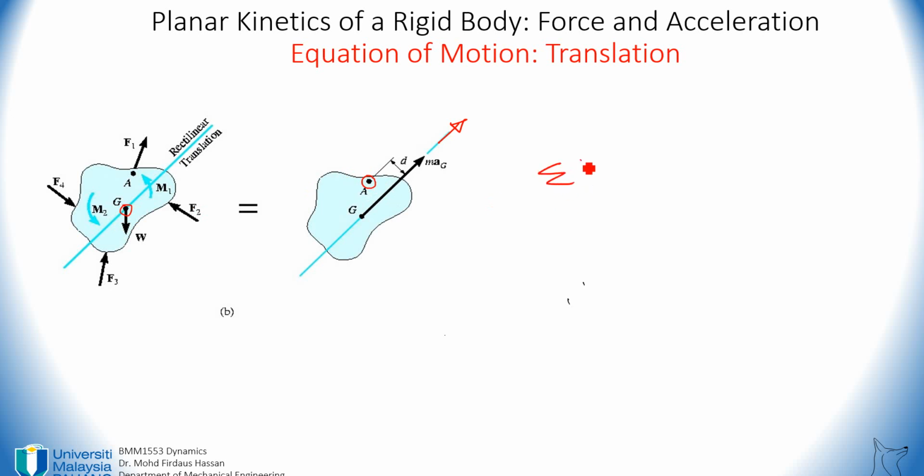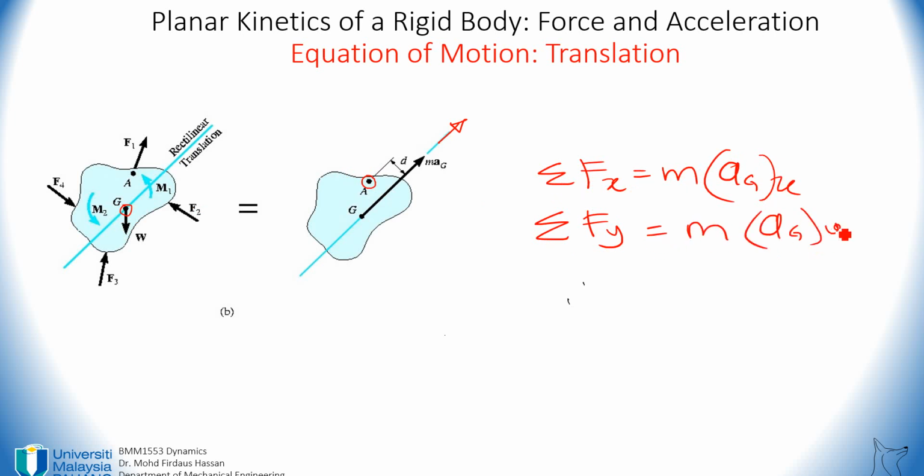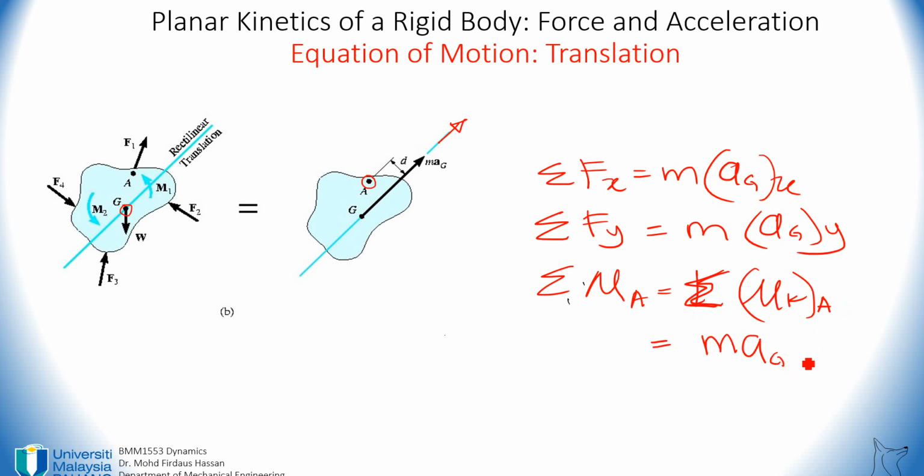You remain using the equations: summation of Fx is equal to m a_Gx, and summation of force in y is m a_Gy. The summation of moment at point A: we don't have rotational motion, so the summation of moment is due to the kinetic element m a_G, and it is equal to m a_G times d.